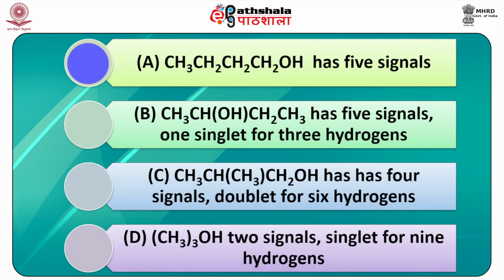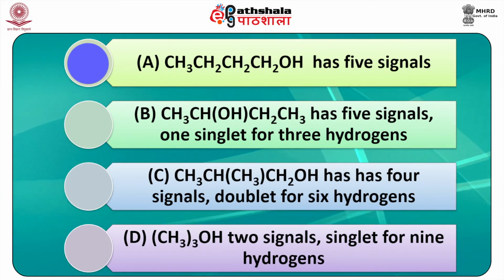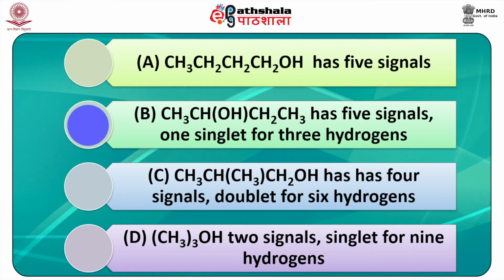The first isomer, CH3CH2CH2CH2OH, has 4 signals, that is a hydroxyl group at position number 1. The moment the hydroxyl group goes to position number 2, it would show us 5 signals, 1 singlet for 3 hydrogens.